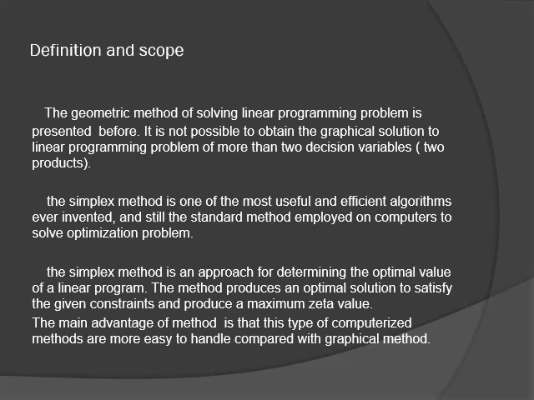The other one represents other decision variable, for example x2. So the graphical method is valid in case the linear programming problem deals with two products, not more than two products.